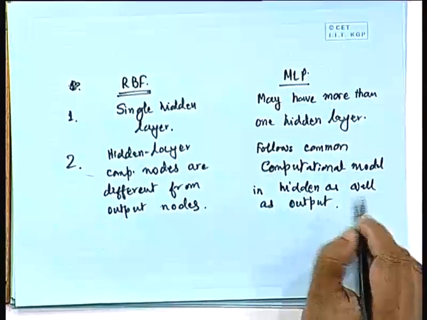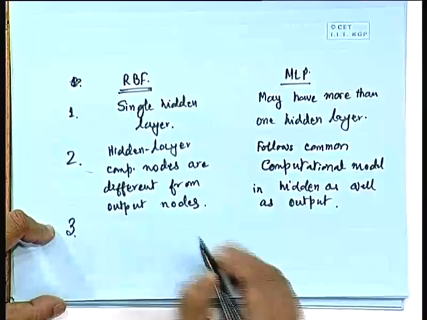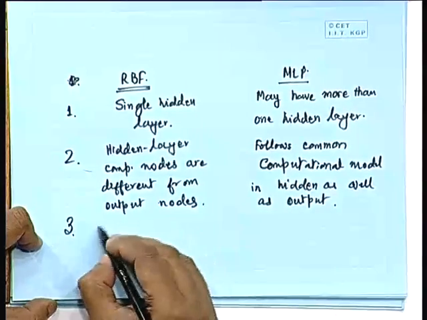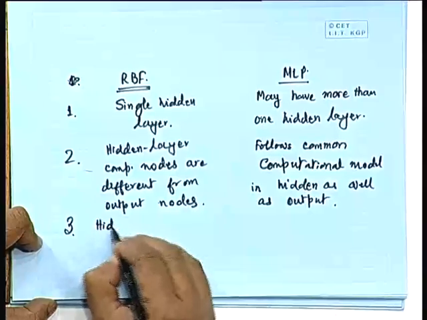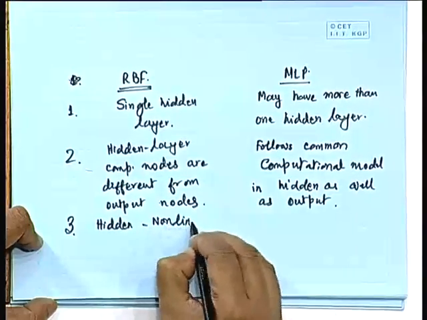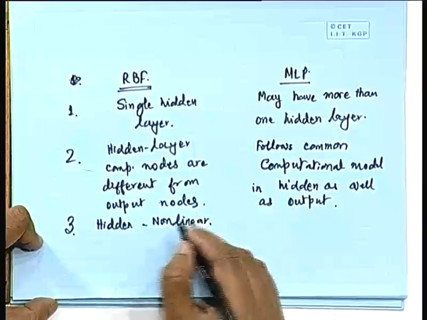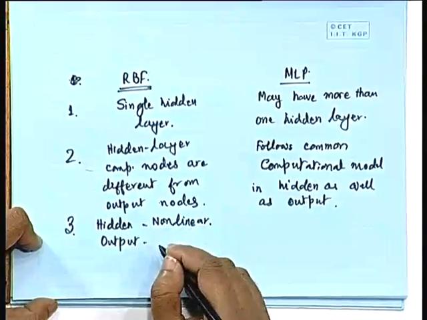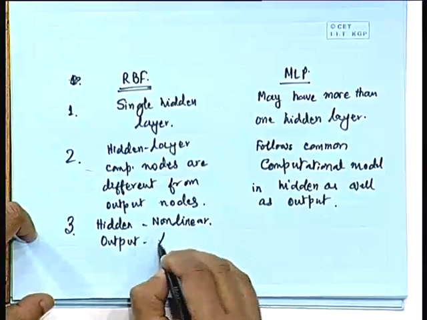The third point about the comparison is that in the case of RBF, the hidden layer is nonlinear, and output is what? Linear.